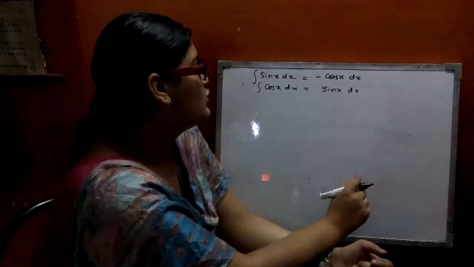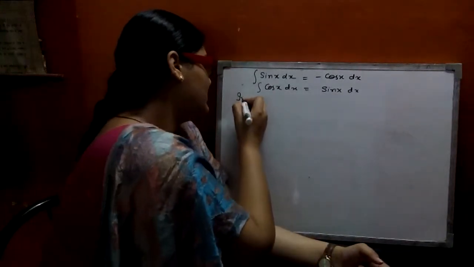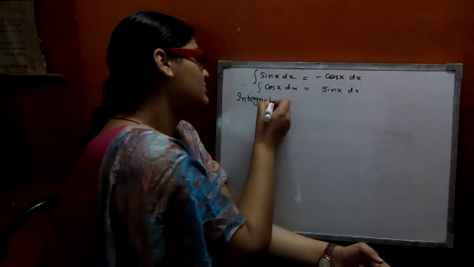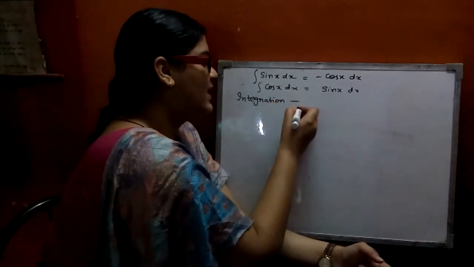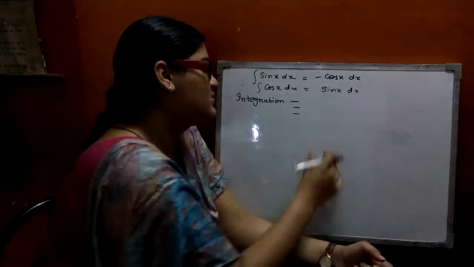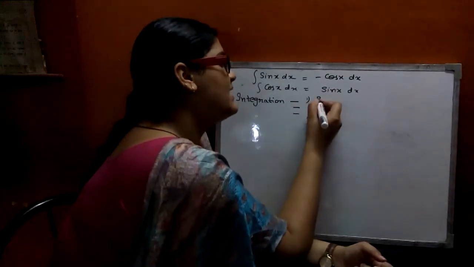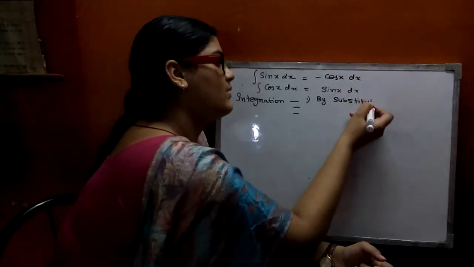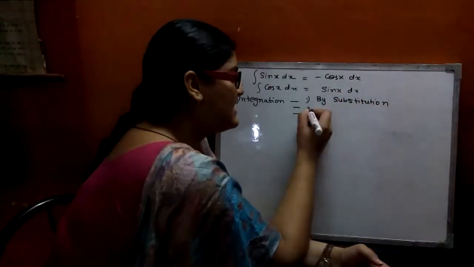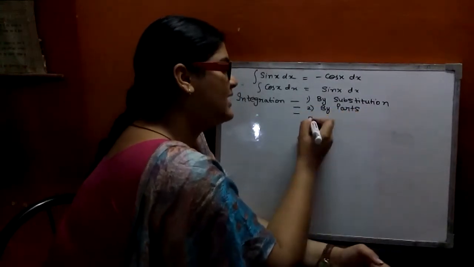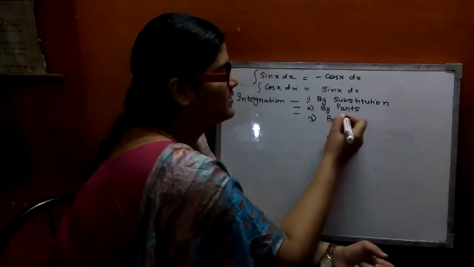Integration can be found by 3 methods, which we can apply in various questions. First is integration by substitution. Second is integration by parts. And third is integration by partial fractions.